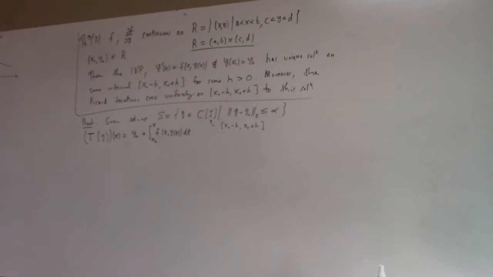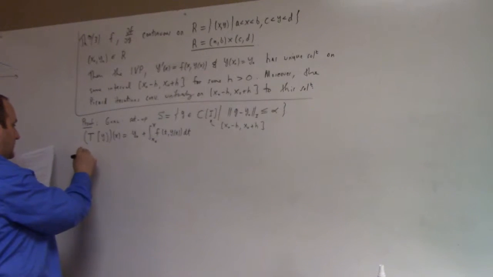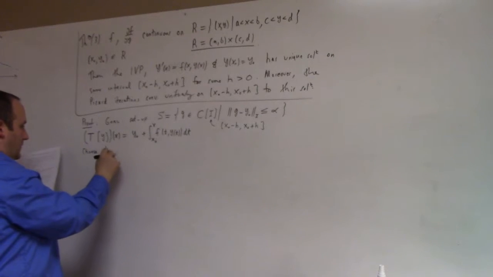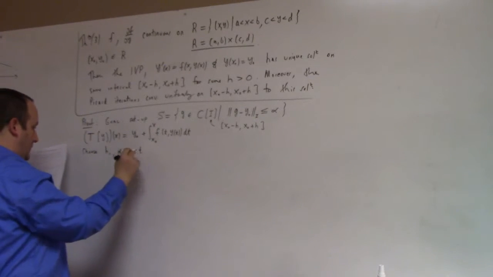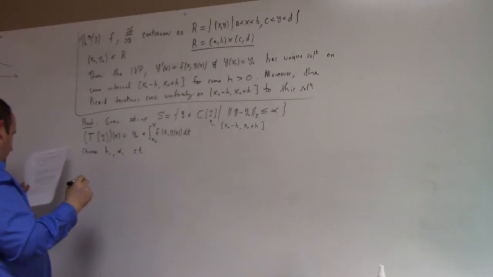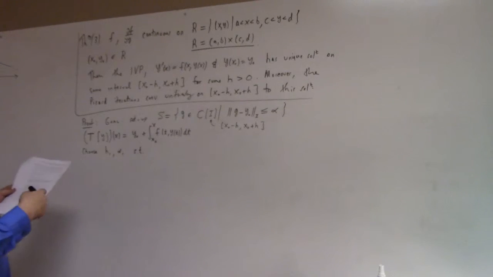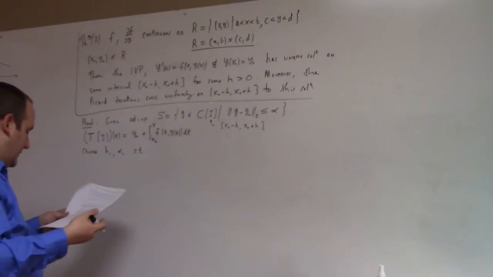So he says first choose positive constants h1 and alpha 1 such that what? It's a pretty typical analysis proof. He starts by making a suboptimal choice and then explains how you can take that and refine it into the choice we actually want. So let's try to follow along here.